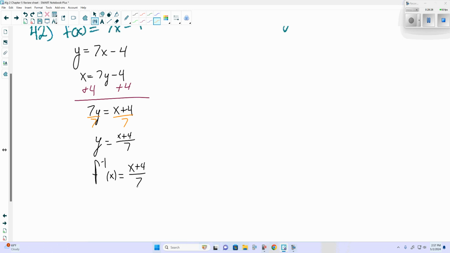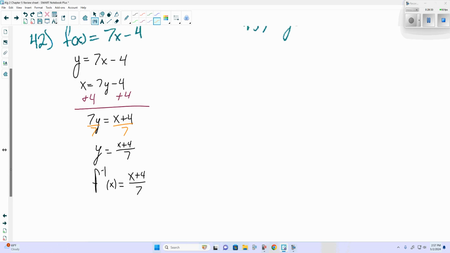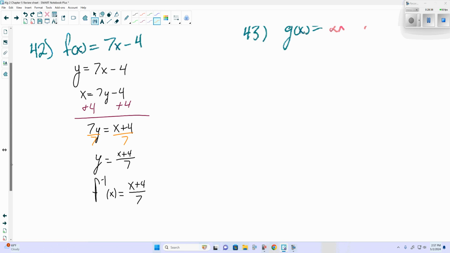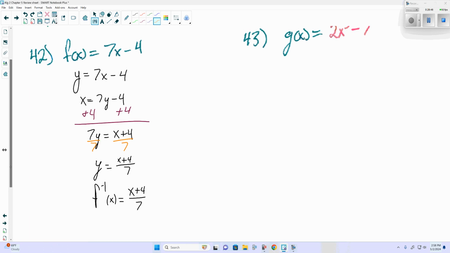And then we can rewrite y as f inverse of x. Question on 42? Are you ready for 43?